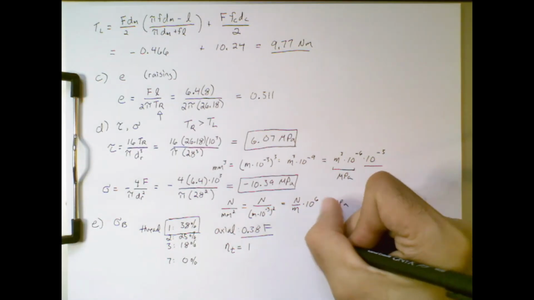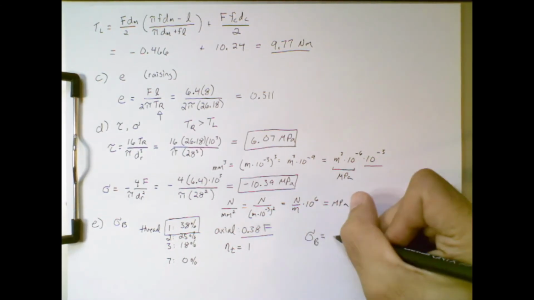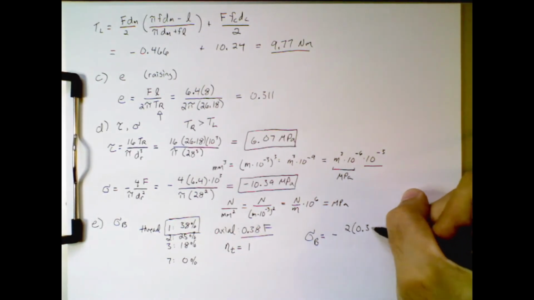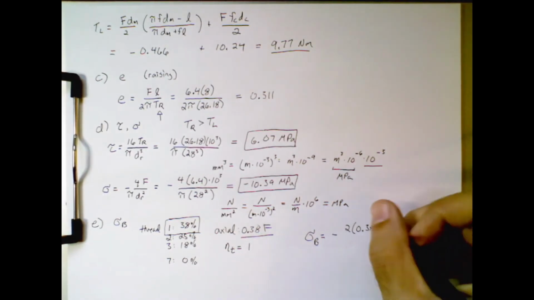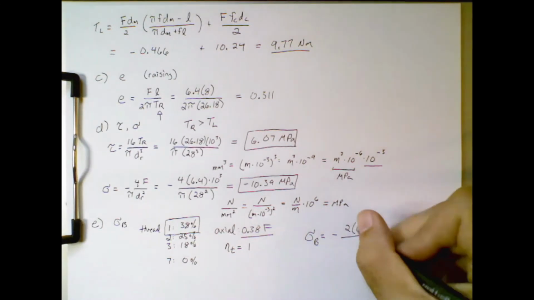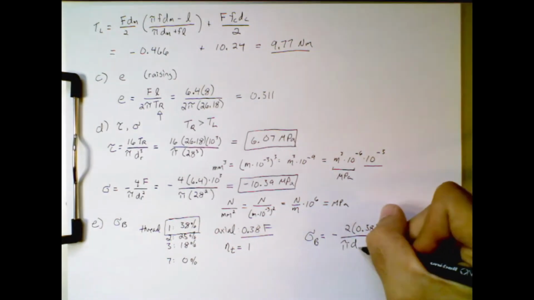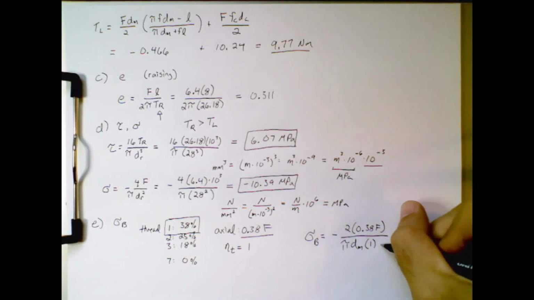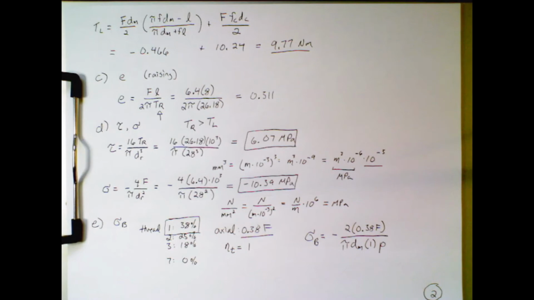So we get the bearing stress to equal minus 2 times 0.38 F instead of F, over pi times the mean diameter times 1, the number of threads, times the pitch.